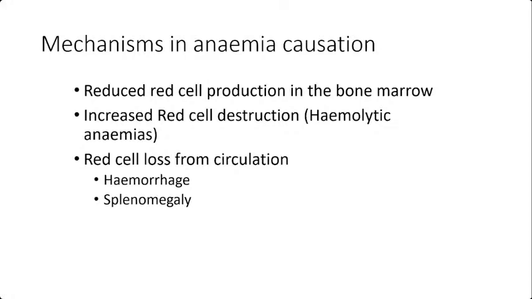And in splenomegaly, the red cells are sequestered in the spleen, and then they will undergo premature destruction, okay? So if we look at any of the mechanisms, or when we talk about anemia causation, they will fall under any of those. And you may have more than just one cause coming into play in the causation of an anemia, okay?